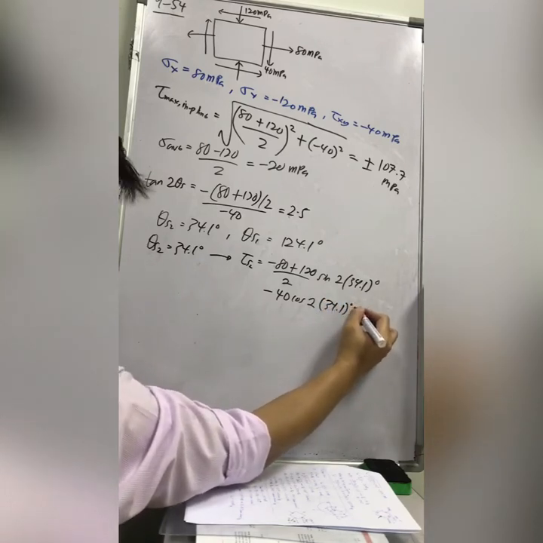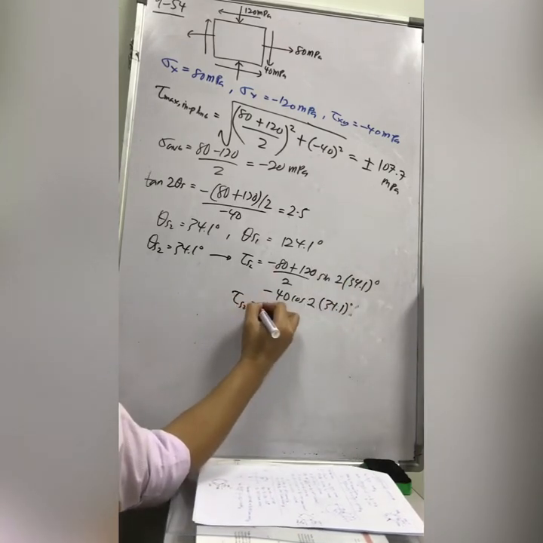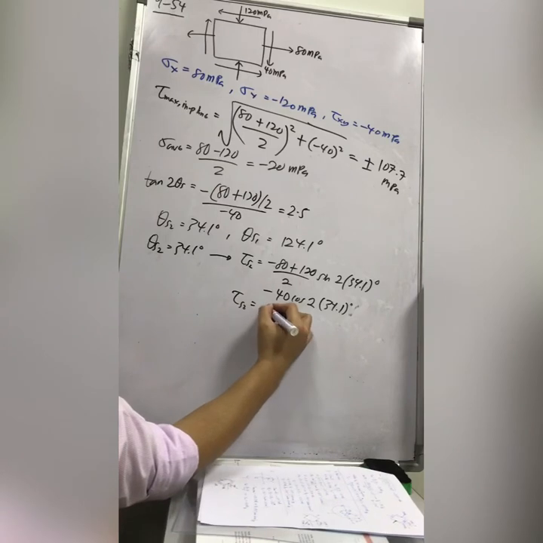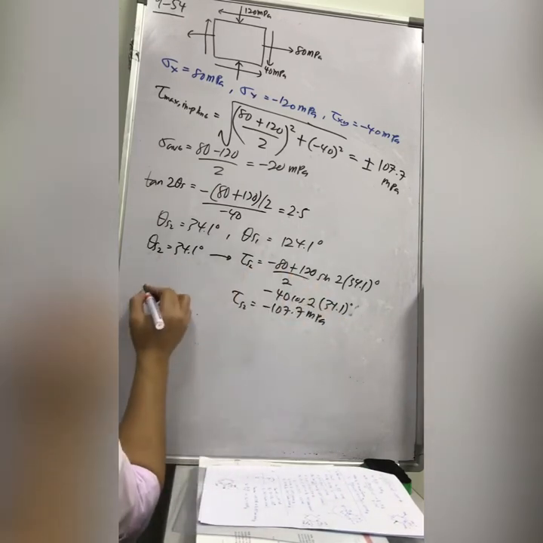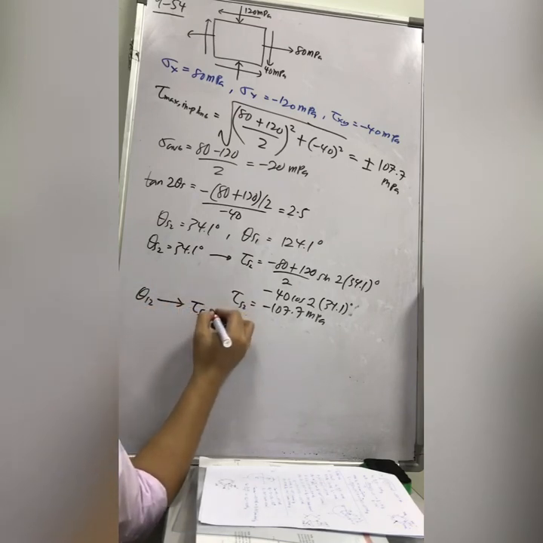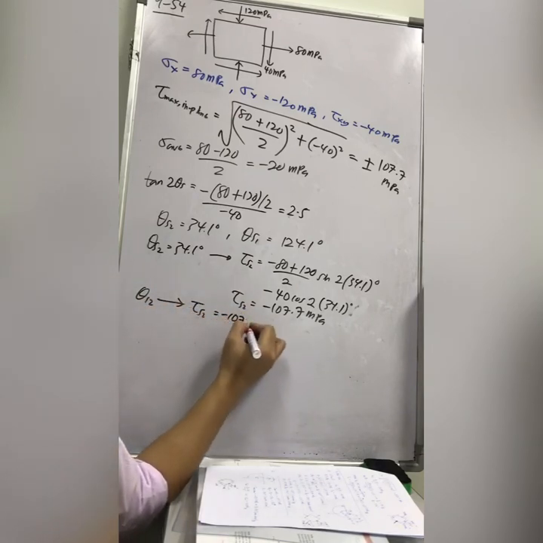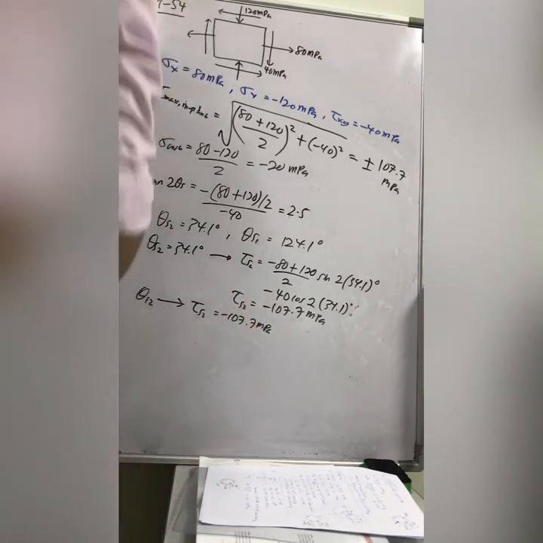Okay, that will give you tau S2 as minus 107.7 megapascal. What does it mean by this? So theta S2 is related to tau S2, which is this minus 107.7. The minus shear stress is related to theta S2.